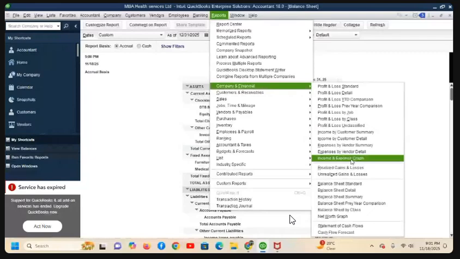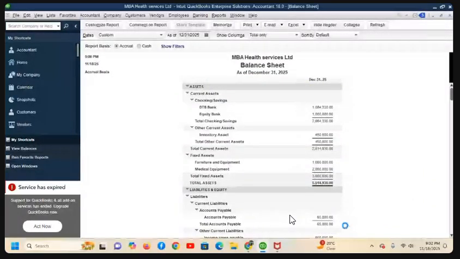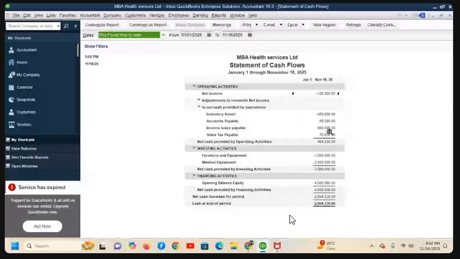It can even generate what we call a statement of cash flow. If you want to see it, it is here. A cash flow will show how much cash has been coming in. This is using the indirect method. It can show you how much cash has come in, how much has been spent, and your net cash balance.